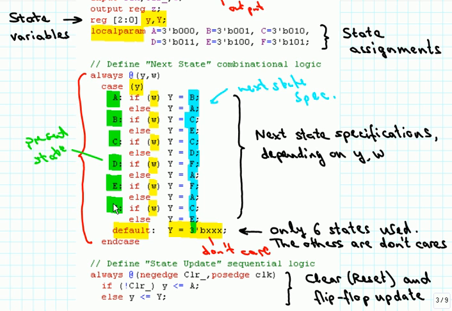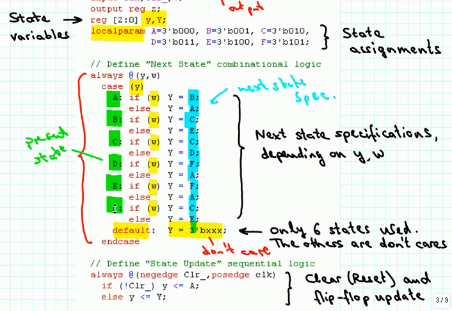And if we do not specify the default here, then there is no assignment for some of the 3-bit combinations, and that will make the Verilog compiler insert a latch here, and that would be an unintended latch. The latch goes in here because in Verilog, if there's no definition for a particular bit pattern, it needs to just keep what the previous value was, and that's why it puts a latch in there. So those are the kind of things that in the Quartus II compiler show up as unintentional latches.